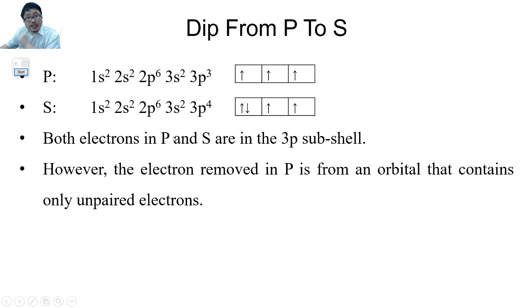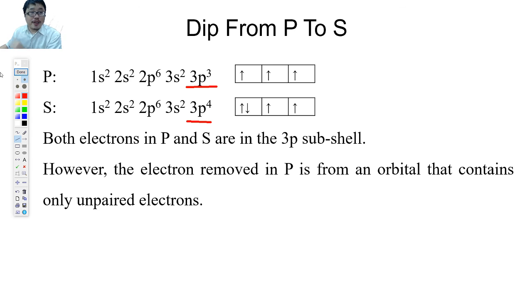Phosphorus and sulfur do not have this issue because one is in 3p, the other also in 3p. However, take note that the outermost electron in phosphorus is from a singly filled orbital, whereas the one to be removed in sulfur is from a paired, filled orbital.